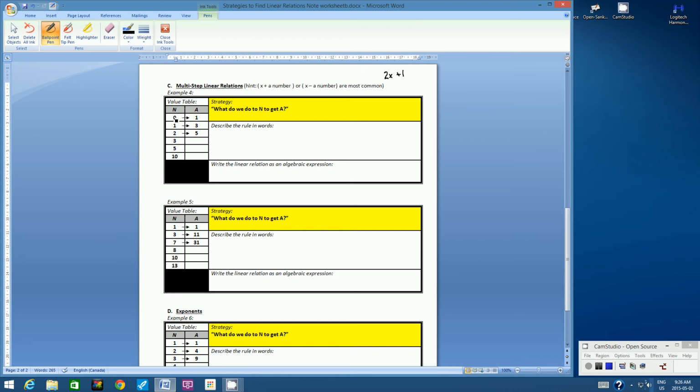If we multiply n times 2, we get 0. And then if we add 1, we get 1. Hey, that works. Let's see if that works over here. We multiply n, which is 1, times 2, we get 2. And if we add 1, we get 3. So that works. If we multiply 2 times 2, we get 4 plus 1 equals 5.